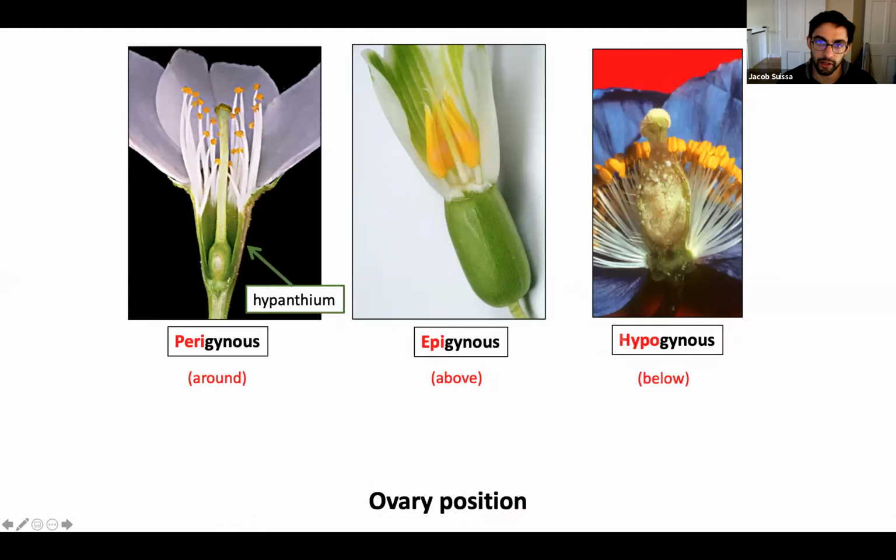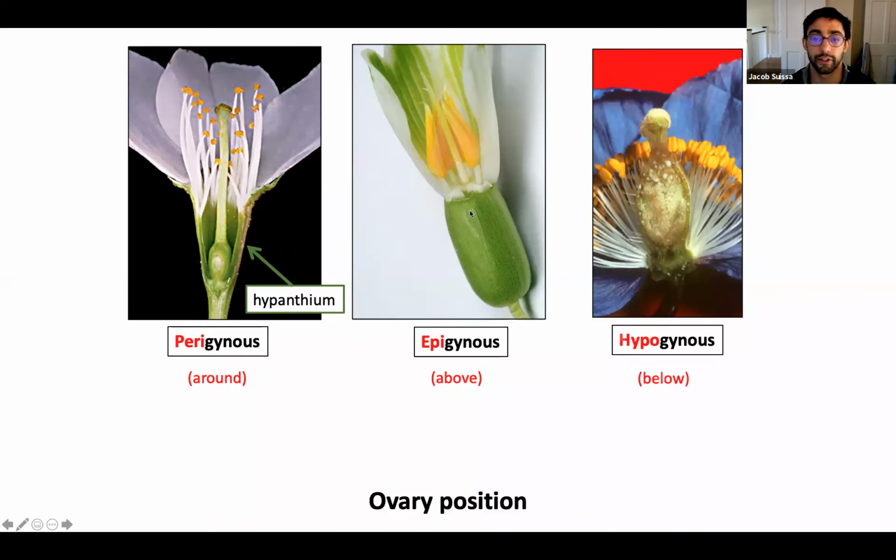Okay, so this here in the middle, this is an inferior ovary, right? And you might ask, well, how do I know that this is an inferior ovary? Well, we can see that the sepals. So what is this, a monocot? No, this is a cucurbit, a cucumber family thing, squash or something. And you can see that all of the floral parts are attached at the top of the ovary, the top of the fruit.